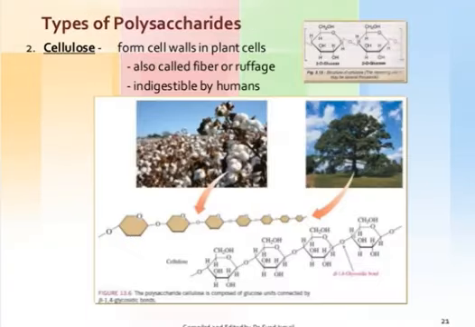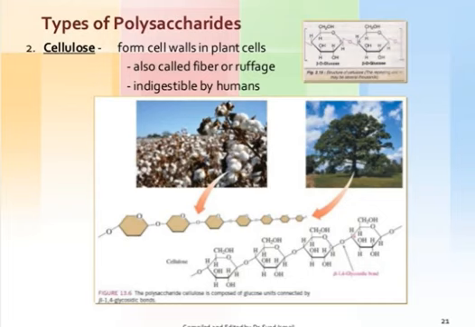Then types of polysaccharides, cellulose. It is the most abundant extracellular structural polysaccharide of the plant kingdom. It occurs in the cell walls of plants. It occurs in nearly pure form in cotton, 94%.